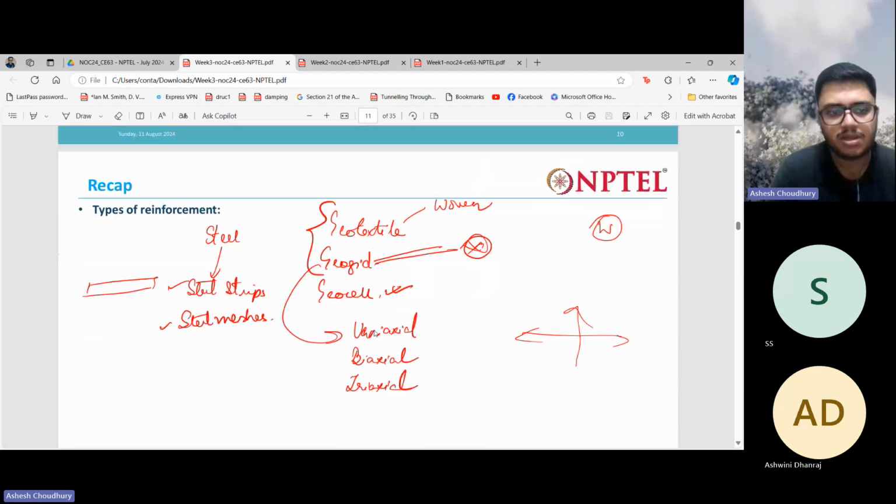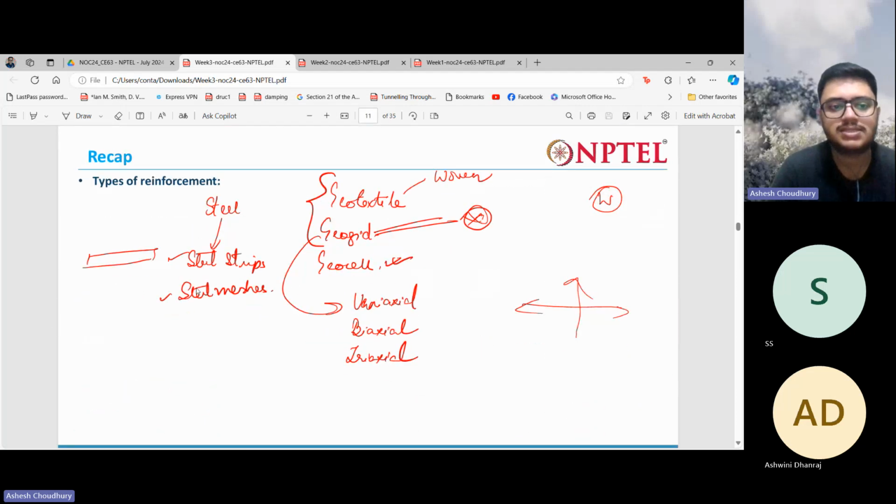So these are the same reinforcement. Now we discuss the types of reinforcement that we can use to construct a reinforced earth wall. We can use geotextile. Even geotextile, we can use geogrid. We have uniaxial, biaxial, triaxial geogrid. Then we have geocells that we can use to construct reinforced earth retaining walls.